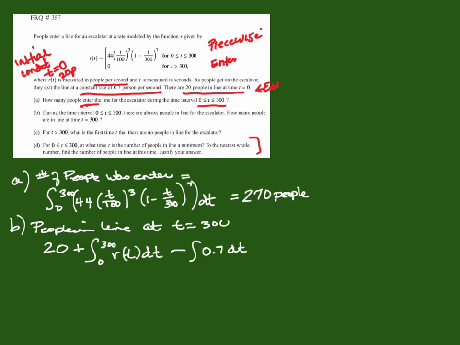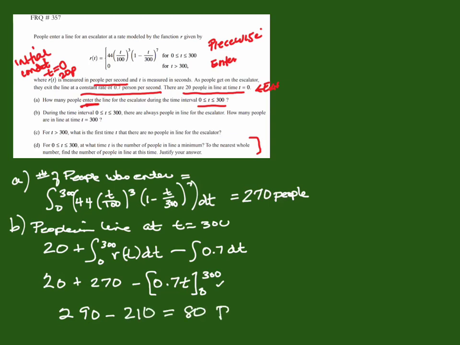That's the number of people who leave. And so that is going to equal 20 plus 270 minus 0.7t from 0 to 300. So it's 290 minus, and you can do this one without a calculator, 210, which is equal to 80 people.